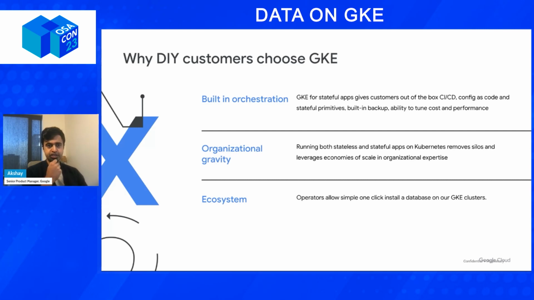We also see customers have organizational gravity. So as Kubernetes kind of becomes an operating pattern in a large organization, it's like the sun that bends space-time. So all the other applications fall into its orbit. And stateful and data apps is one of those apps which kind of get attracted into the realm of the Kubernetes operating pattern.